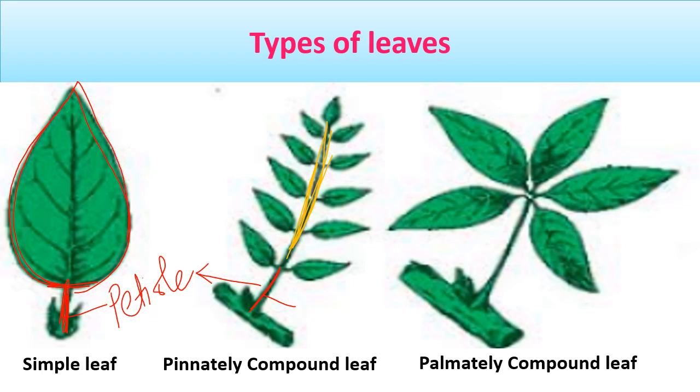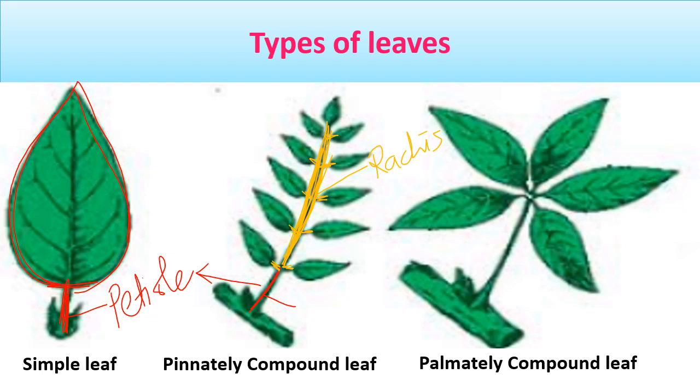In case of a compound leaf, the structure is different. Above the petiole there is one structure, and that structure is called the rachis. Now if you see further, small stalks can be seen. These are the stalks of these leaflets. Can you see these stalks?